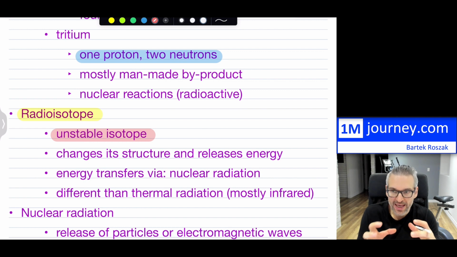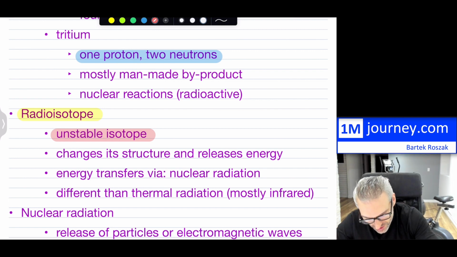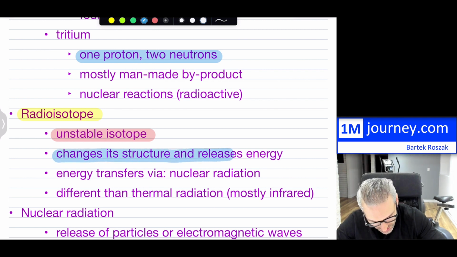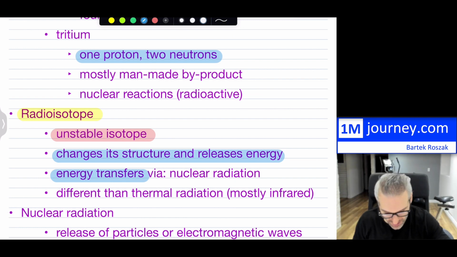And when they don't like it, they're basically an isotope which becomes unstable, and it starts to change its structure, and it releases its energy because it can't stay in that form. So that release of energy, this is what you see here, so it changes its structure and releases its energy. That energy transfer, the energy inside, that unstableness, starts to transfer, and it gives off nuclear radiation.